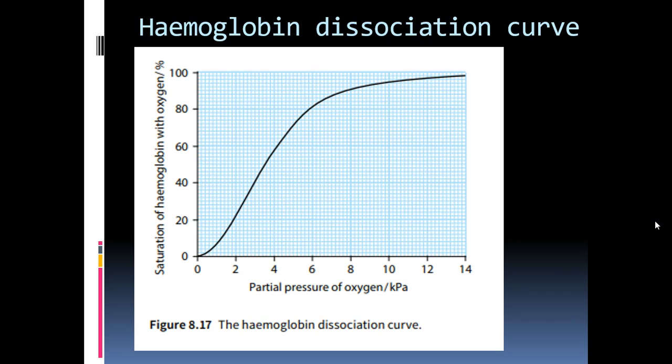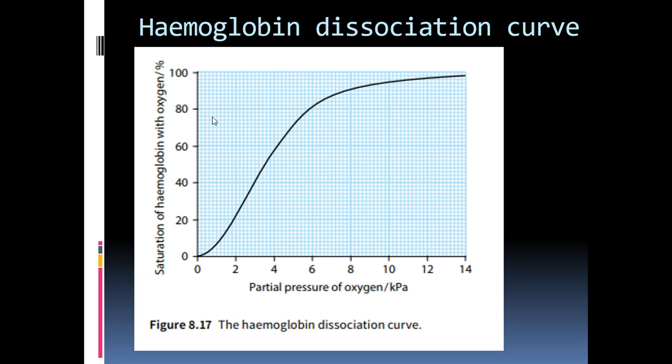As the concentration goes up, so will the percentage of hemoglobin that combines with the oxygen. So it's a proportional kind of correlation, right? Lower partial pressure, lower percentage of saturation; higher partial pressure, higher percentage of saturation of hemoglobin with the oxygen.